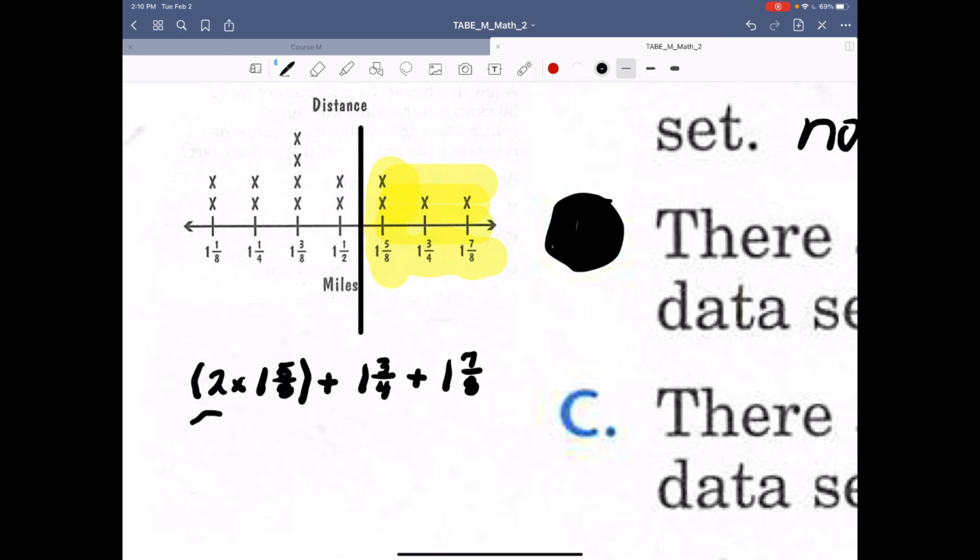And I need to do parentheses first. So if you have the Casio, you're in good shape. Just be careful typing this in. Type it slowly. This should give you 3 1/4 plus 1 3/4 plus 1 7/8. Again, the biggest thing on that Casio is just typing carefully.